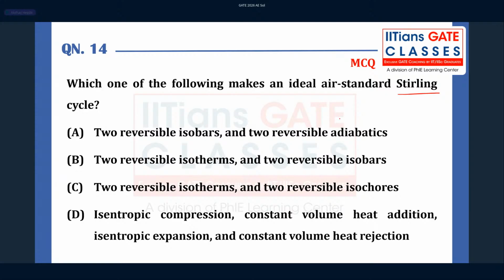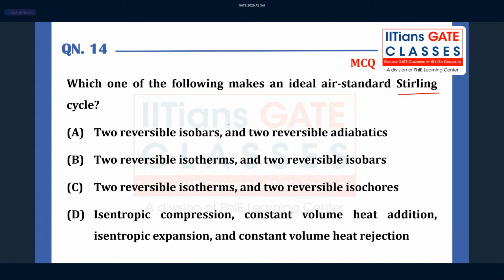But what is the Stirling cycle? It involves 2 isothermal compression and expansion processes, and 2 constant volume heat addition and heat rejection processes.